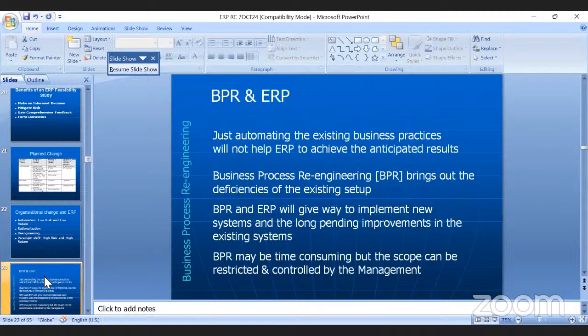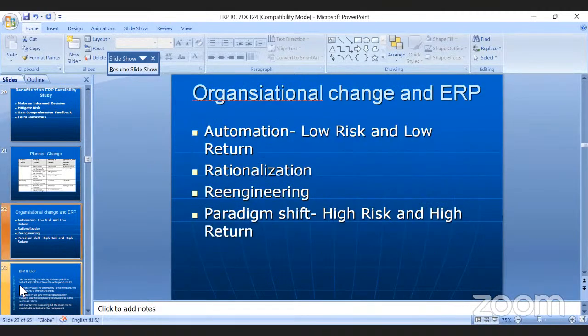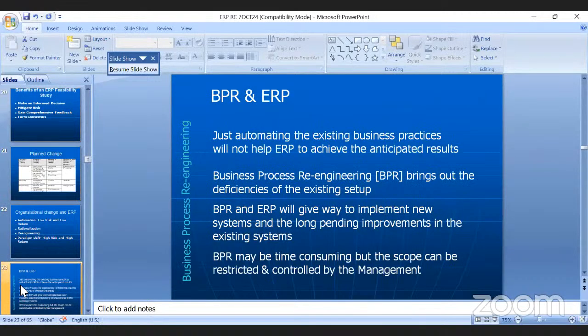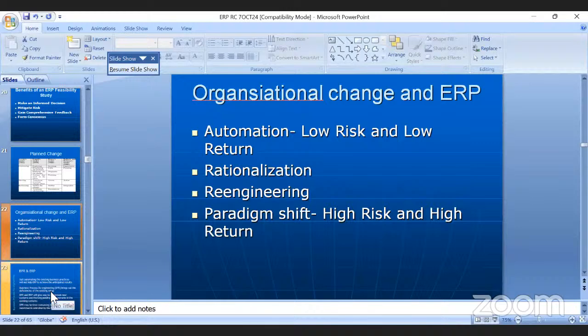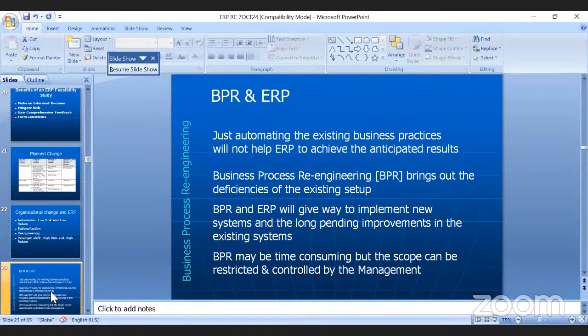Just automating the existing business process brings out the deficiency. The third one is BPR, re-engineering. The paradigm shift may happen at the end. If nothing works for long, you will squash the old one and take the new one altogether. You will leave that industry and start another industry itself, or invent something which is not there.